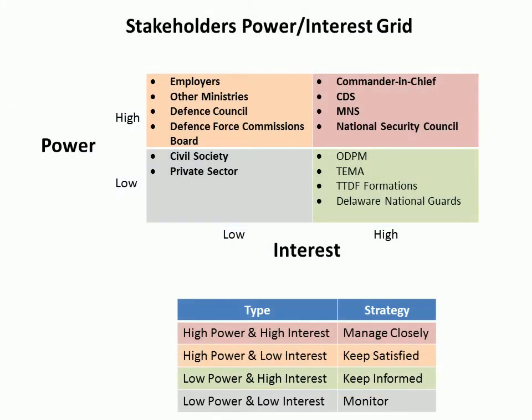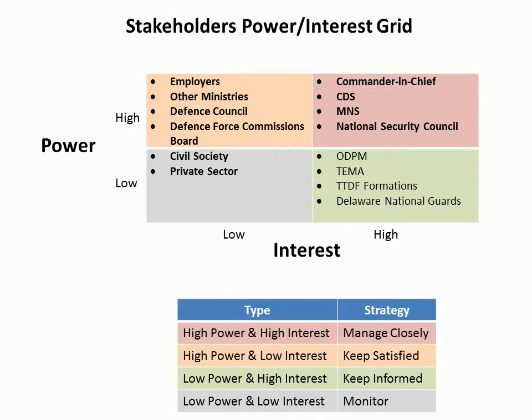This is an example of a power interest grid stemming from a strategic planning exercise at the Defense Force, one of their formations. So what we have here is the upper right grid: Commander-in-Chief, His Excellency, the President of the Republic, being high power, high interest.